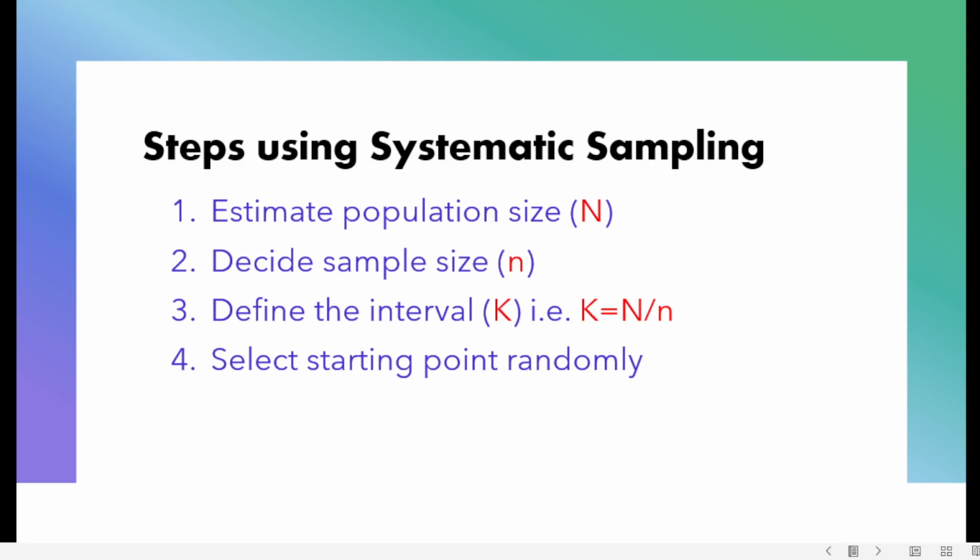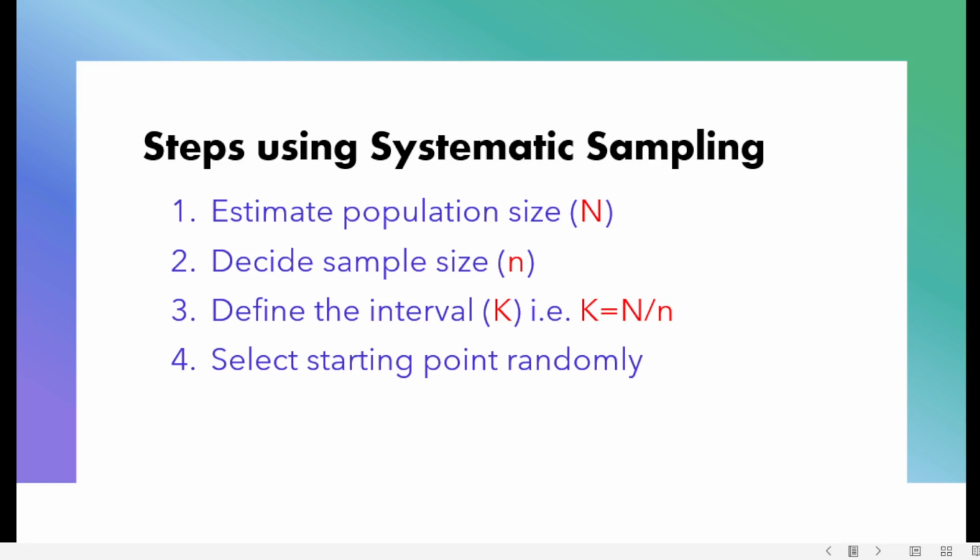Following are the steps involved in systematic sampling. The first thing is to estimate the population size. What is the population size? Population in statistics means the aggregate of facts or individuals under study.